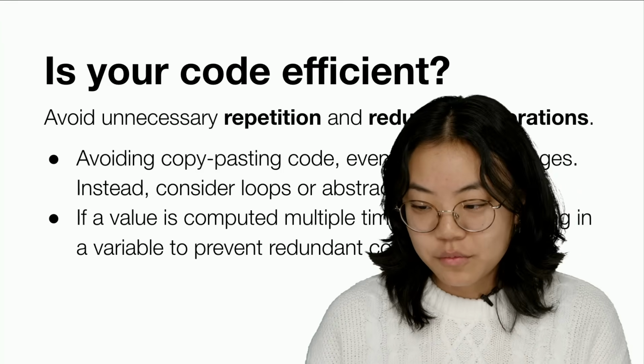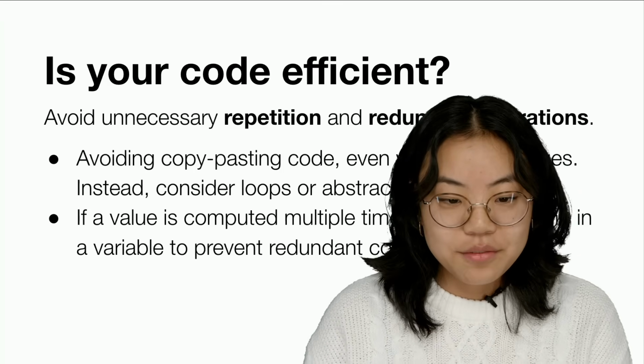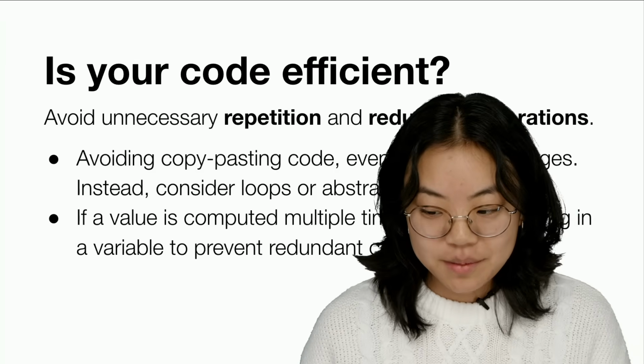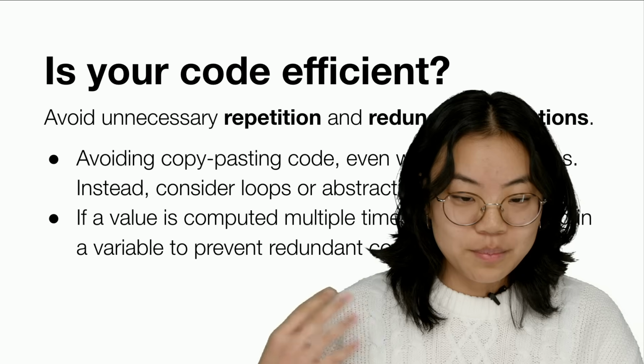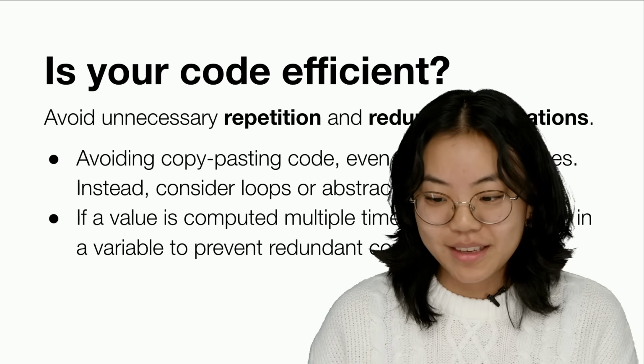And then with redundant operations, if a variable is computed multiple times, that can be also a sign that maybe you should consider storing this value in a variable so that you're not repeatedly computing the same thing over and over again.